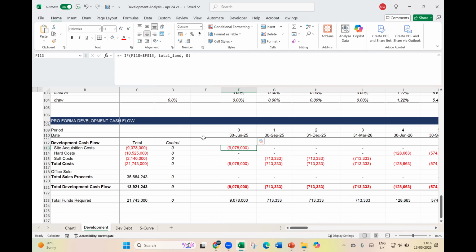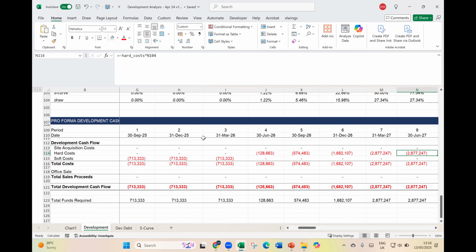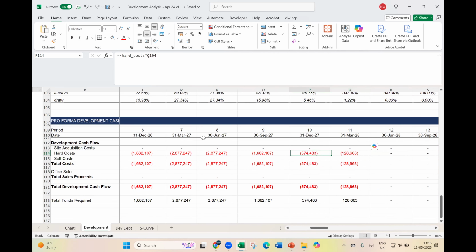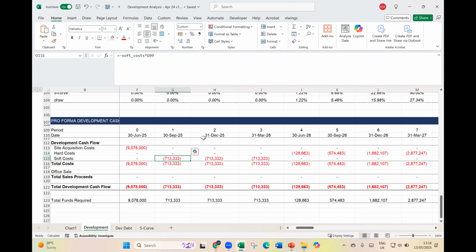So what you need to know is, okay, what is your site acquisition cost? And then your hard cost when you're gonna come in. Okay, so this is your hard cost here, following the S curve. And then we have the soft cost here, which is a third of your total soft cost.